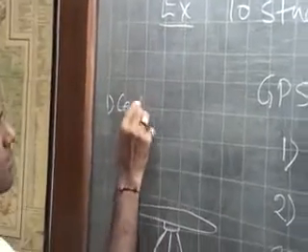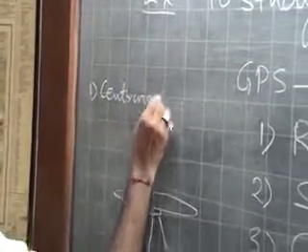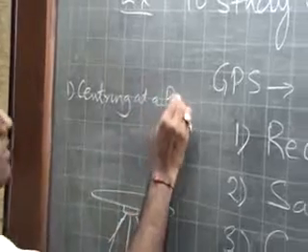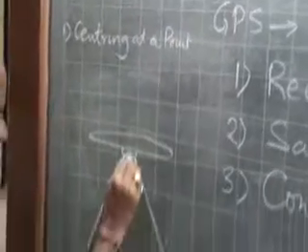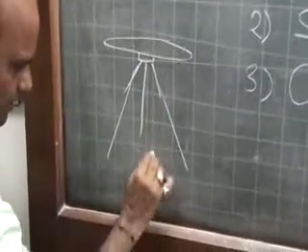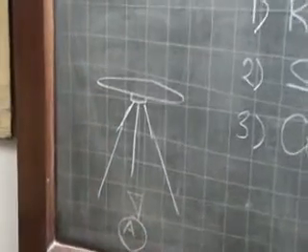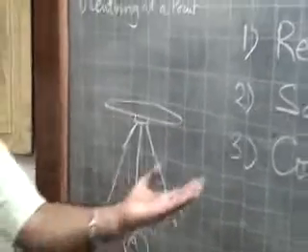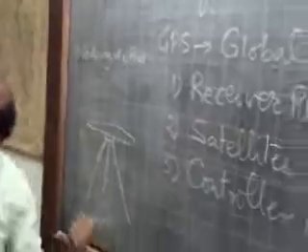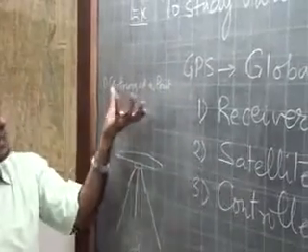Number one is centering at a point. If I am centering this plate at a point A, I get the position, the coordinates, of this point.